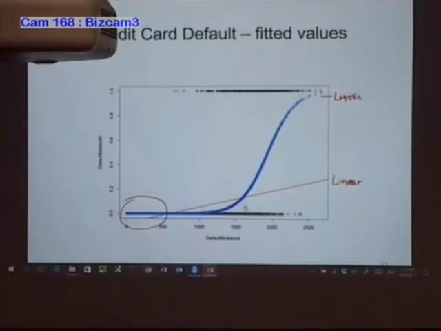Right? Think about this range. Now think about this range. Right? Say 1,300 to 1,700. In this range, we have different predictions, like 1,500 is this number, 10%, for example. Right? It says if someone has a balance of 1,500, according to this model, the default probability is roughly 10%.